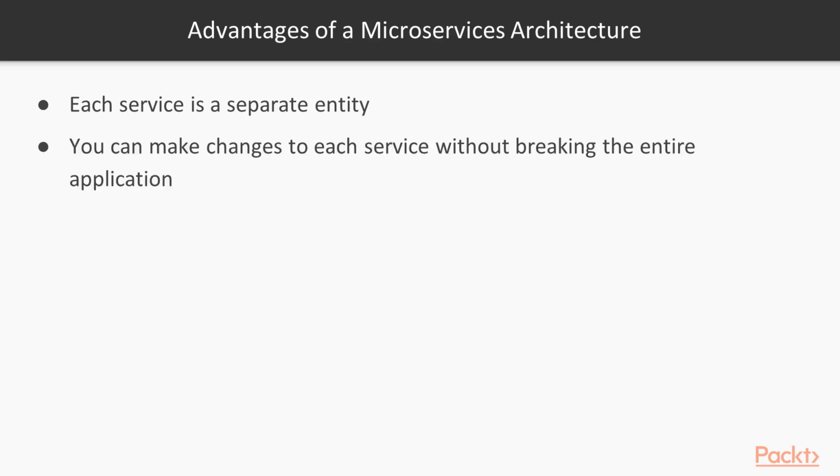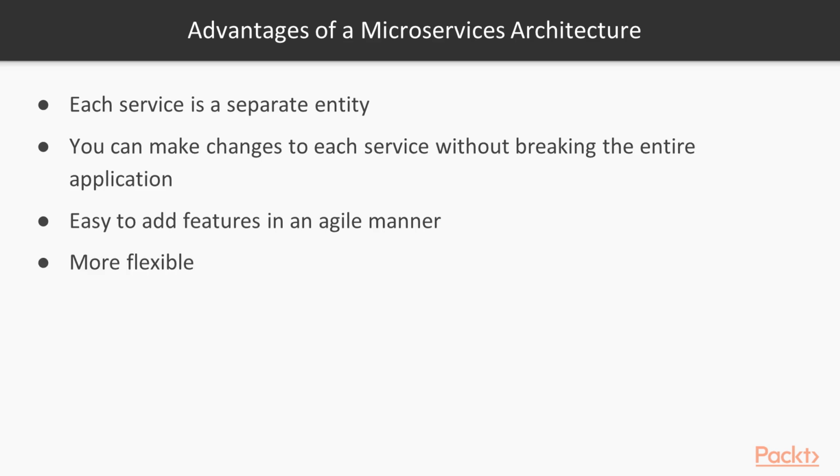You can make changes to each service without breaking the entire application. It's easy to add features in an agile manner because you are not breaking the application itself or testing it when you make a change to one of the services. You can add features to services in an agile manner.